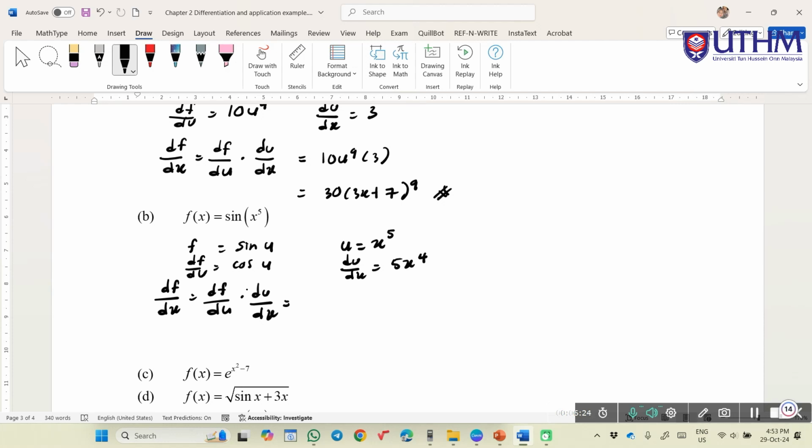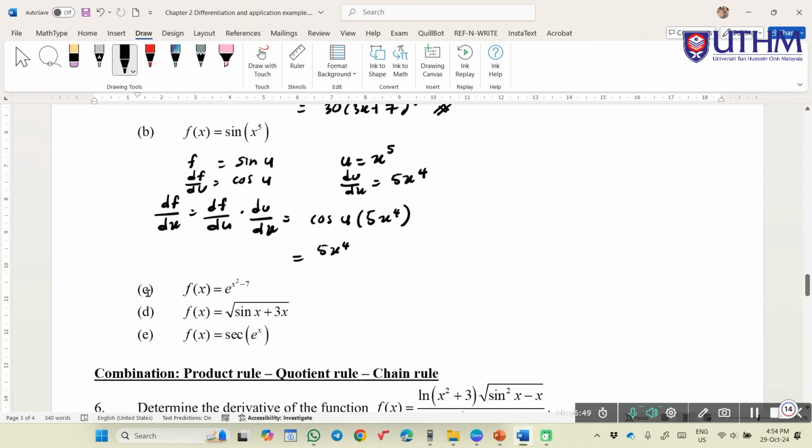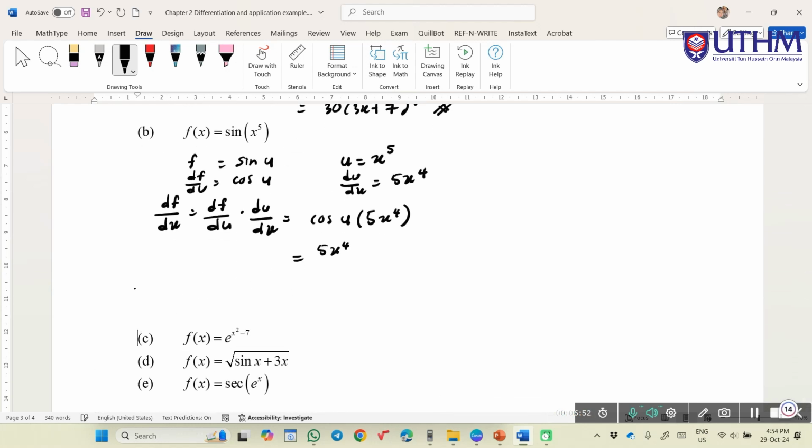Then substitute into the formula and substitute back the u, and rearrange. I will put 5x power of 4 at the front of the function: 5x power of 4 cos(x power of 5). Easy.